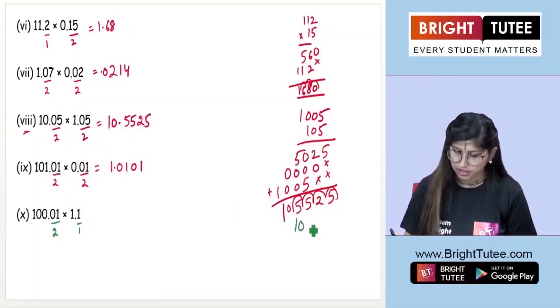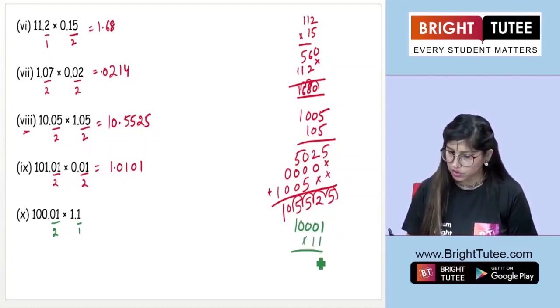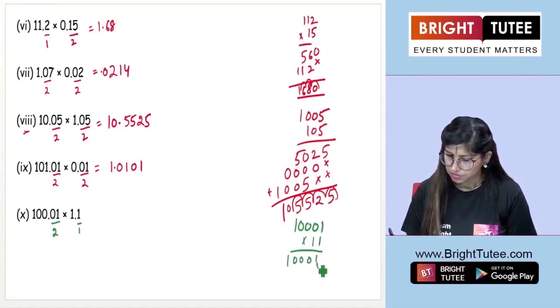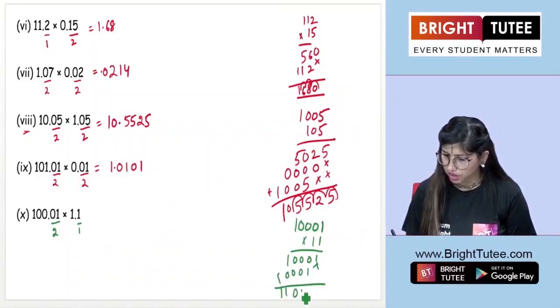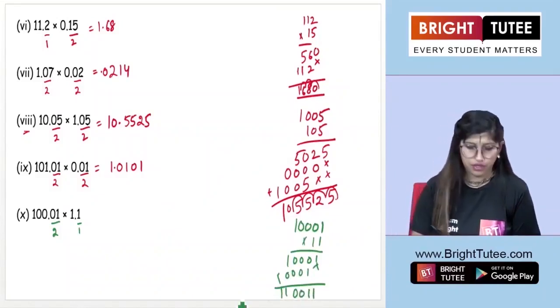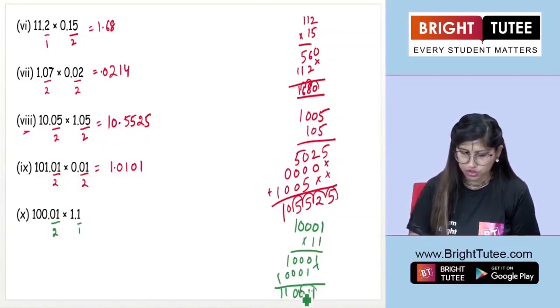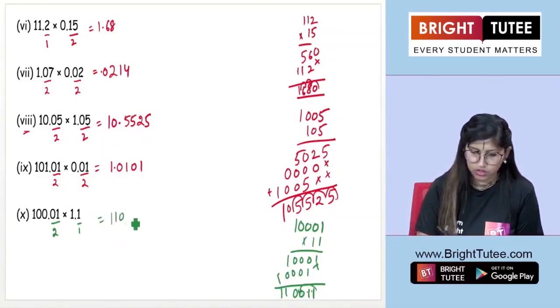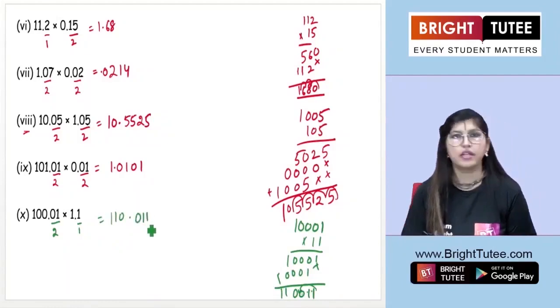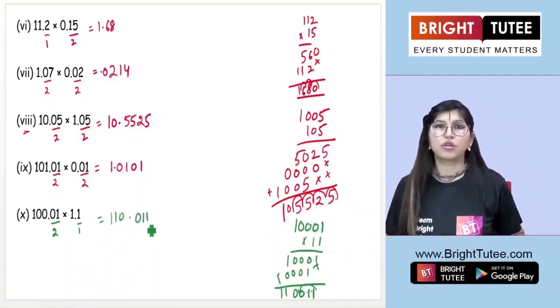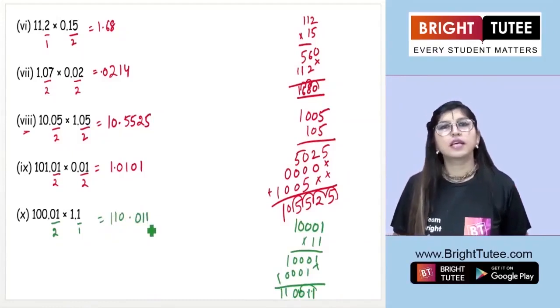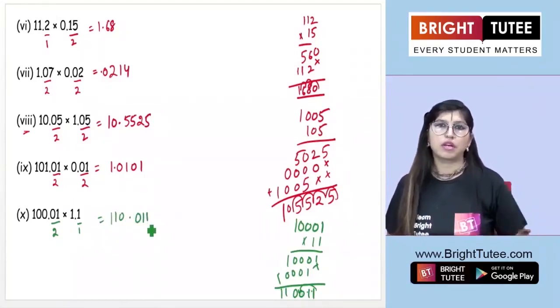So let's multiply these first, ignoring the decimal points and multiplying these two. We'll be getting 110011, and 3 places to the left, 1, 2, 3. So we'll be getting 110.011.